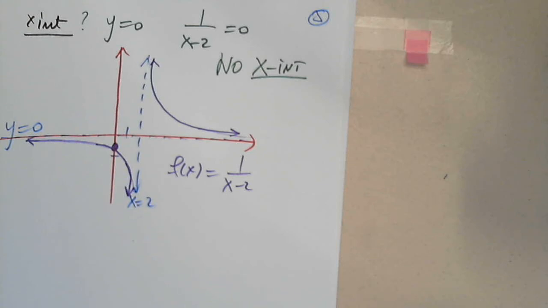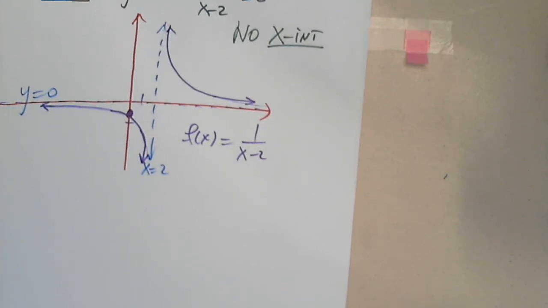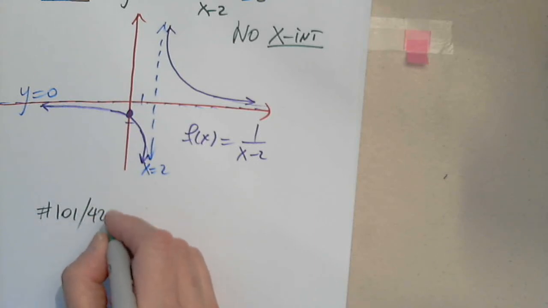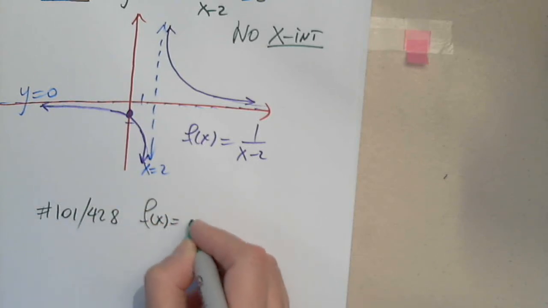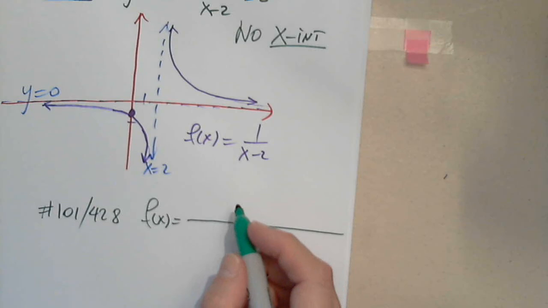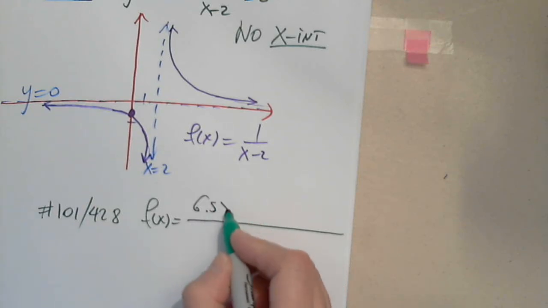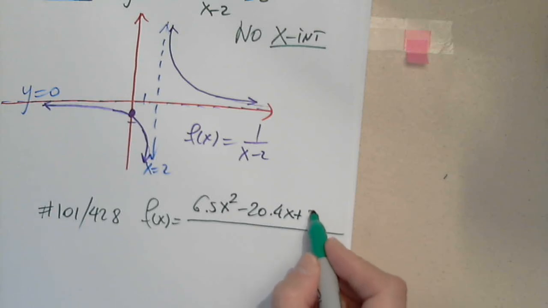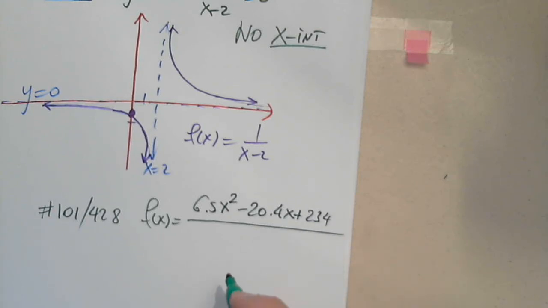Can you tell us what the exponents are? Yes, because I have to write the function down anyway. So this is problem 101 on page 428, and we have f of x is 6.5x squared minus 20.4x plus 234 over x squared plus 36.